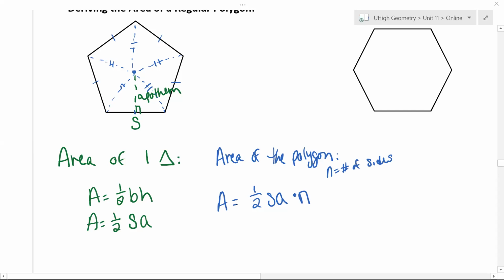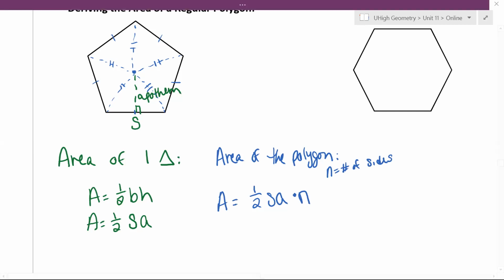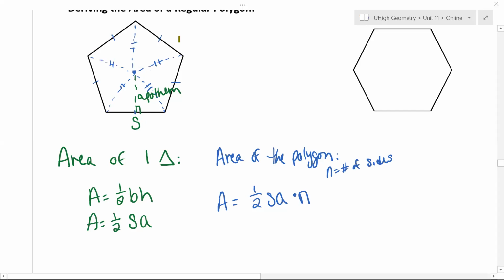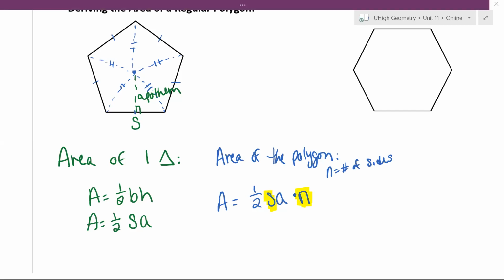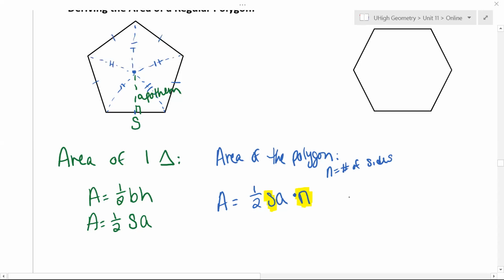All right, so one thing that I do want you guys to notice here is I have my side length times my number of sides. And if you guys think about it, isn't my side length times my number of sides the same as the perimeter?